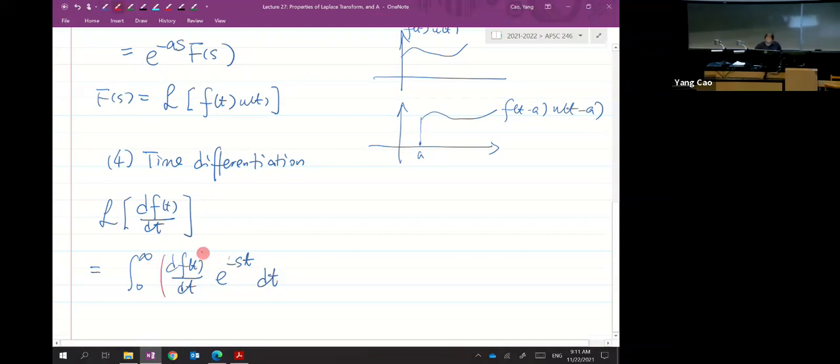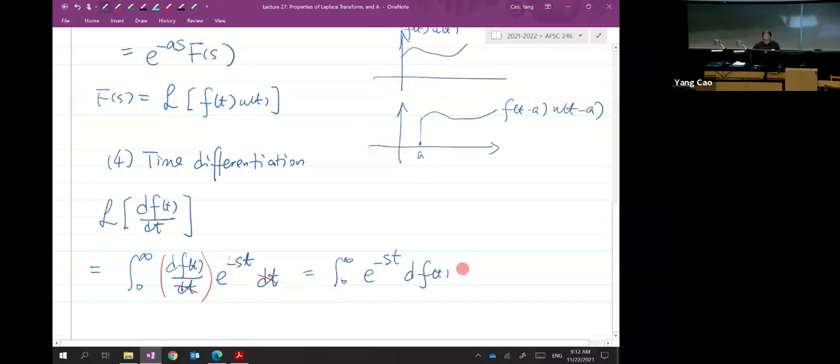So this portion here is whatever is inside the bracket that you're taking the Laplace transform of. And the rest of this is strictly the definition of the Laplace transform formula. So now you can clearly see you can cancel the dt. Then you're left with e to the power negative st d f of t.